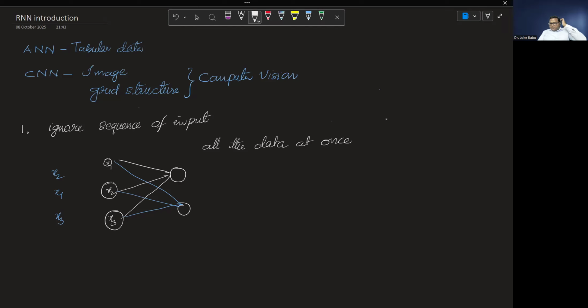In case of images, there is no part of sequence, but when we talk about NLP applications, the semantic analysis or identifying the parts of speech, we need sequence. For example, if I say, I love teaching, there's a sequence: first the subject, then a verb, then the object.